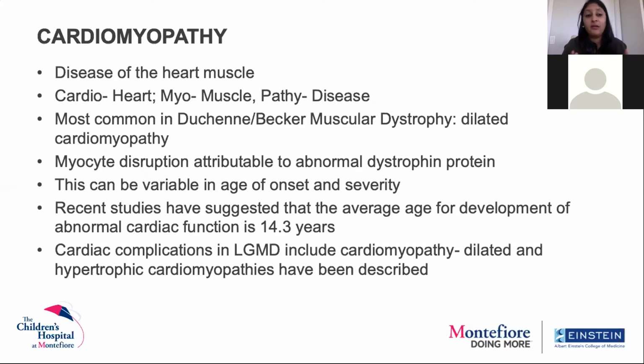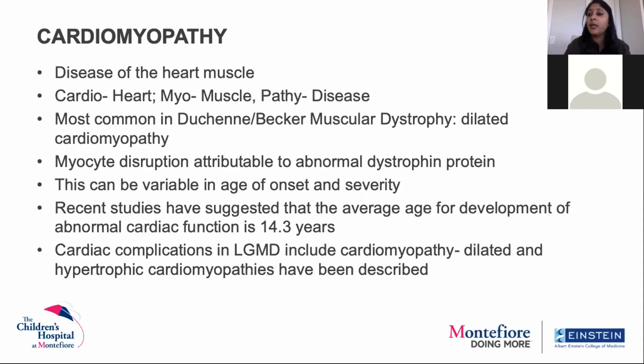This can be very variable in age of onset and in its severity. Some patients have very mild dysfunction, and some patients have a very severe form of dilated cardiomyopathy. Most recent studies suggest that the average age of development of abnormal cardiac function in Duchenne and Becker muscular dystrophy is around 14 years of age.